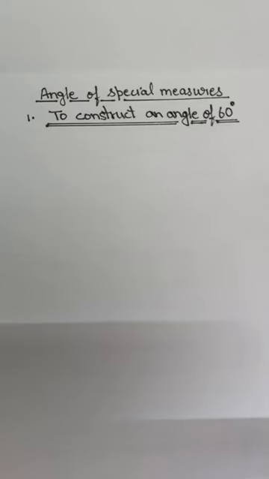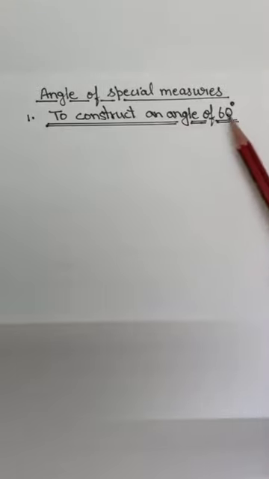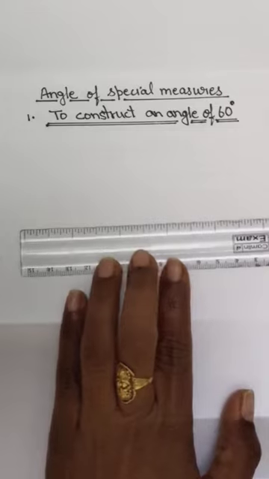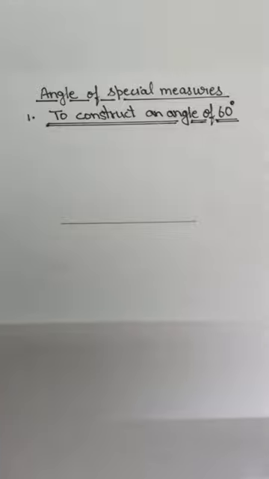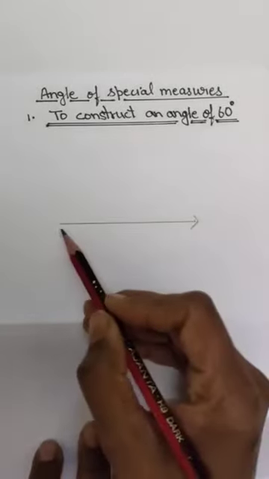Now our next topic is to draw angle of special measure. First of all, we are going to construct an angle of 60 degree with the help of scale and compass. You can also draw with me. First of all, draw any ray OA. This is ray OA.